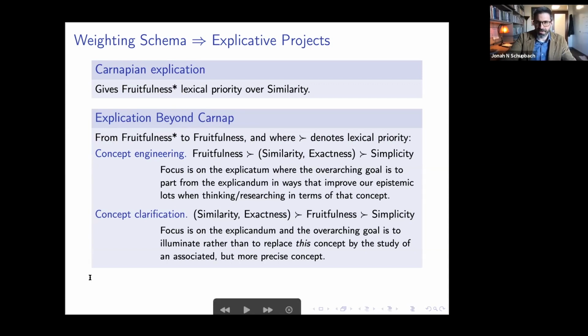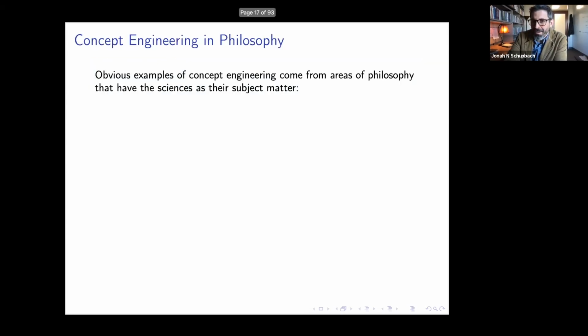Now, it's easy to come up with examples of concept engineering in philosophy today. And most of these come either in the form of logic, or in the philosophies of the special sciences. And I think that's because the whole idea here is we're supposed to be engineering a new concept that's going to be, at least the way I'm thinking about this for the sake of the talk, fruitful to satisfying some epistemic ends we have.